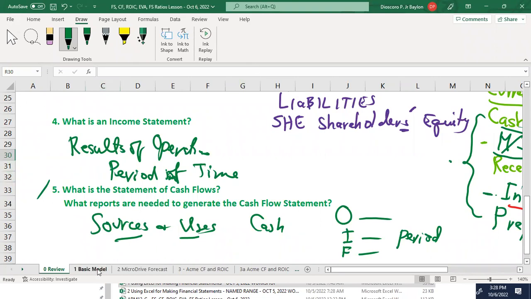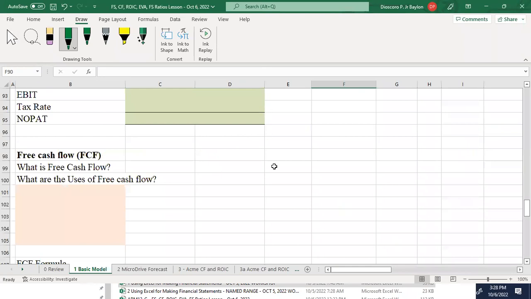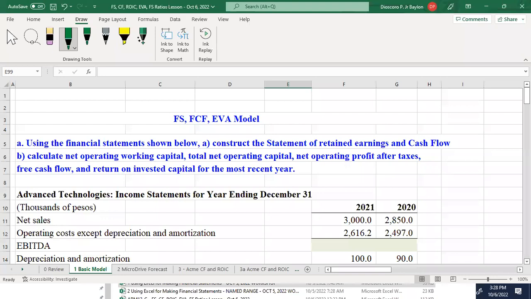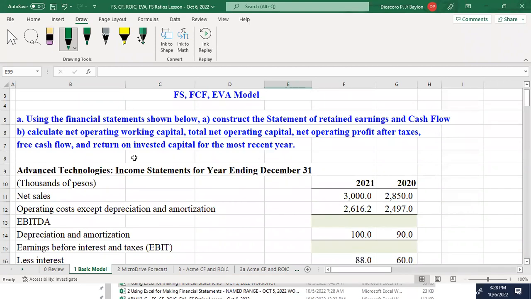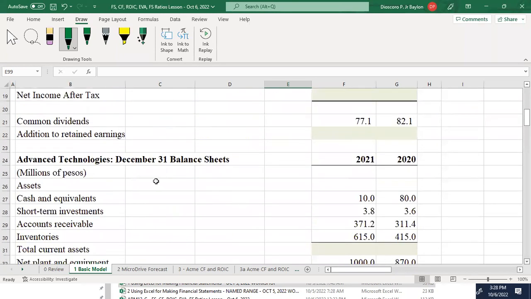Okay, so let's go to our first worksheet model here, the basic model. I hope you have a copy of this and you're able to follow along. If not, kindly just follow along. We're given the income statement and the balance sheet of this company, Advanced Technologies.